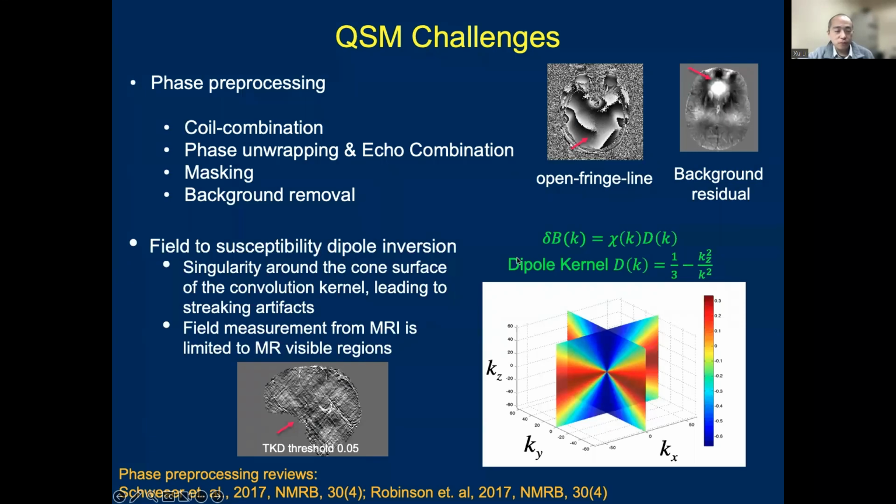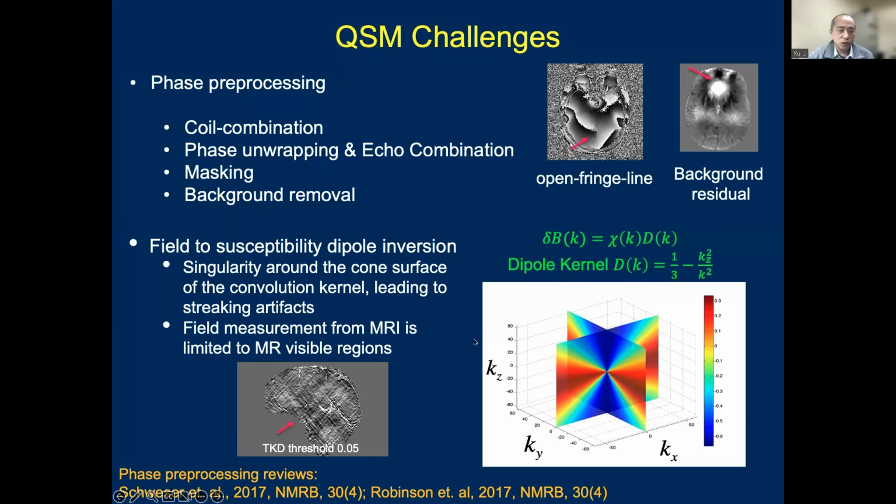But of course, one of the major challenges for QSM is the field-to-susceptibility dipole inversion. This is an ill-posed inverse problem, and the ill-posedness comes from the singularity areas in the dipole kernel, which usually leads to streaking artifacts or noise amplification if it's not handled correctly.